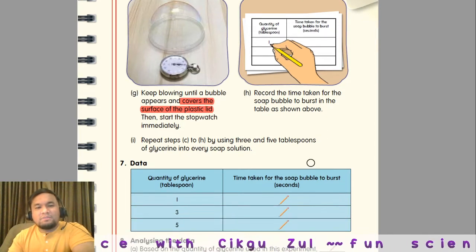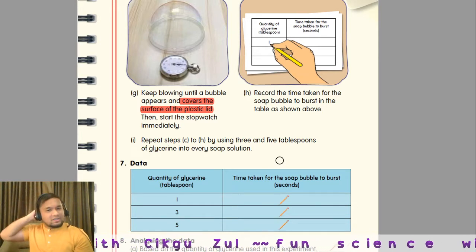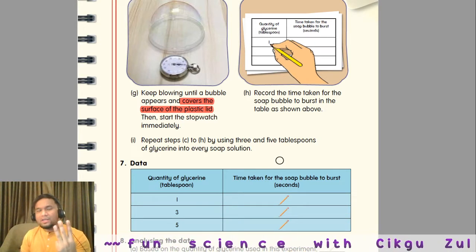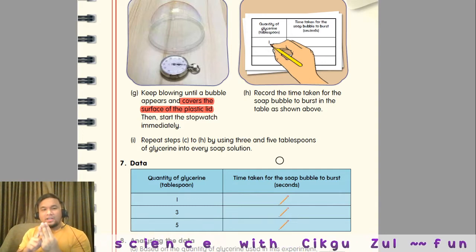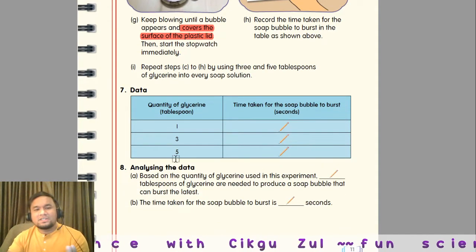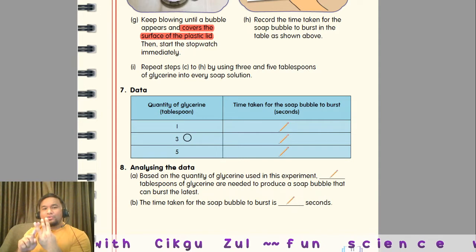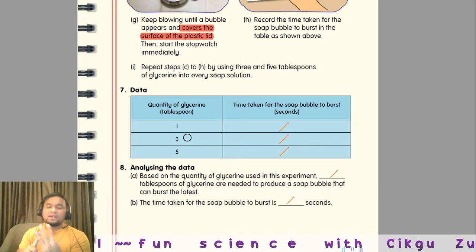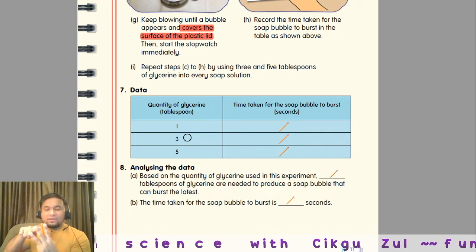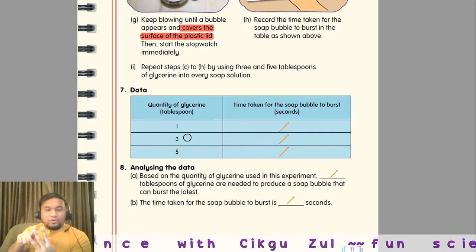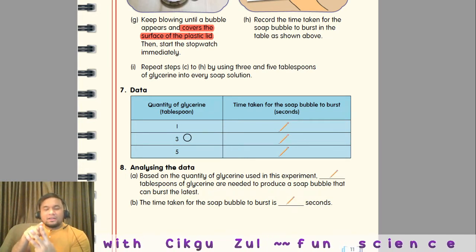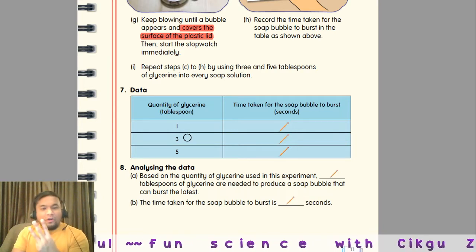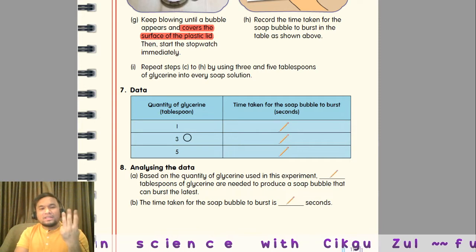So for this experiment, I assume that we need to use 3 different containers, which is, okay, tengok dekat sini dia cakap 1 campuran kamu sediakan dengan 1 saja sudu glycerin. Second, mixture with 3 tablespoon of glycerin, and the third mixture with 5 tablespoon of glycerin. Faham tak? Kena buat 3 lah.